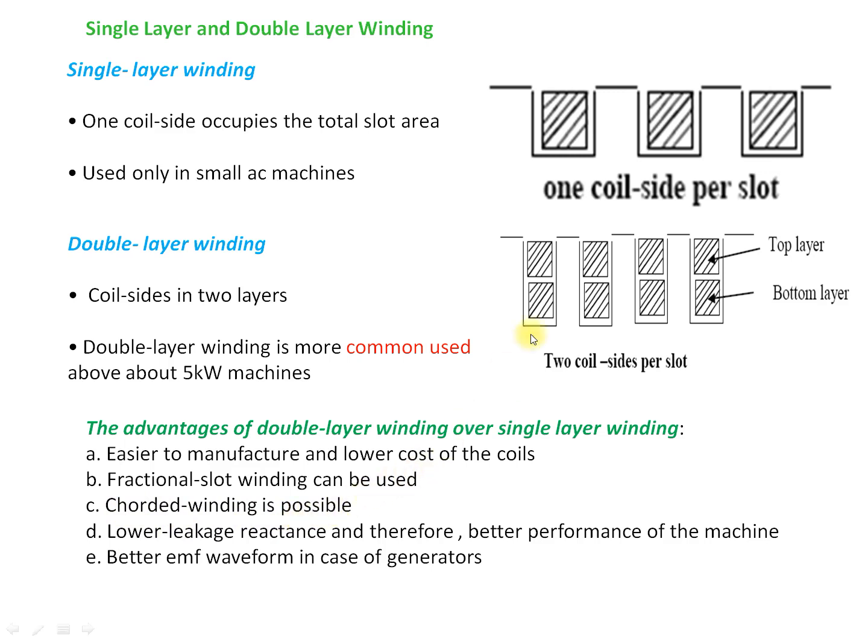Chorded winding means the one pole pitch will be a benchmark for any type of windings whichever we are using. One pole pitch is 180 degrees. The calculation of this particular angle is based upon the phase spread whichever we are using.